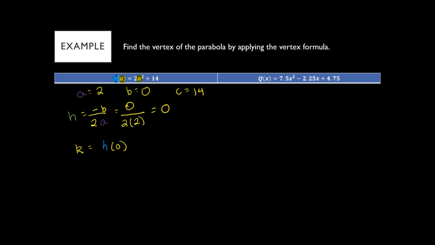The purple A is referring to the coefficients in front based off of our standard form. The green H is referring to the H of the vertex, but the blue H is referring to the name of the function. So that is something that can get confusing when you have formulas, because sometimes the variables in the formula can be used as other things in an equation. And so color coding can kind of help you keep track of that.